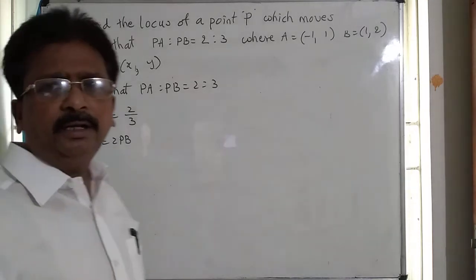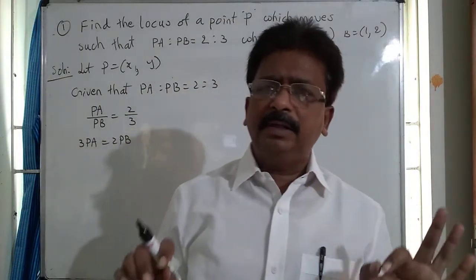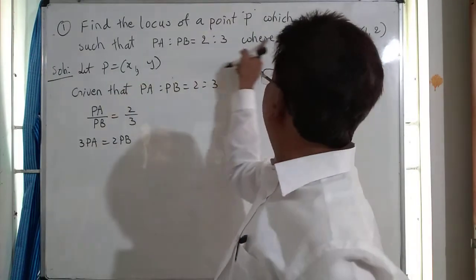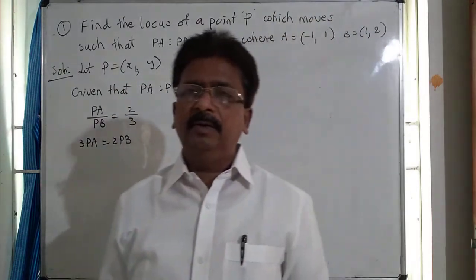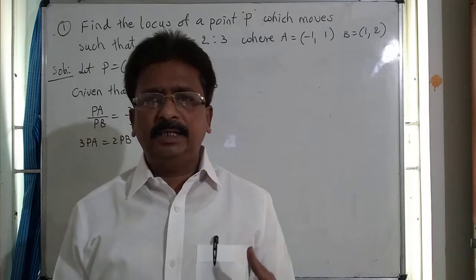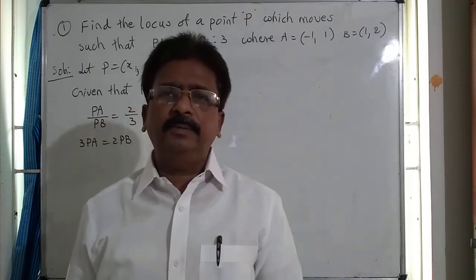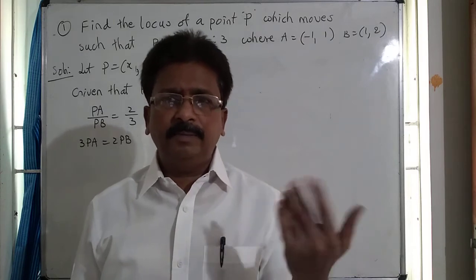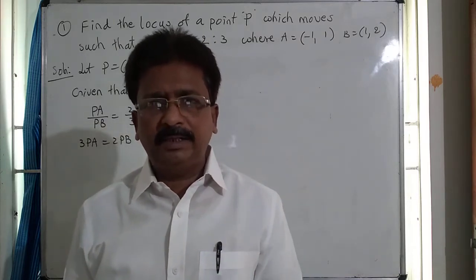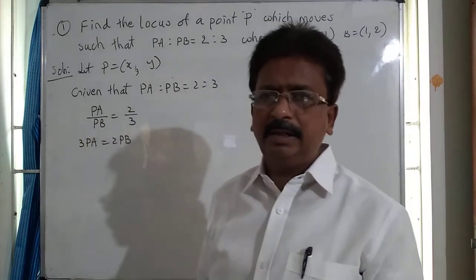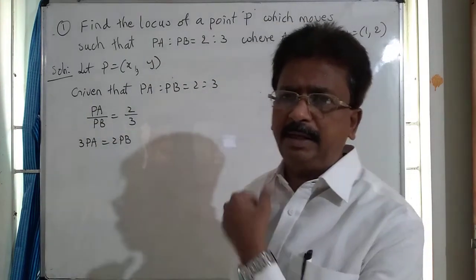Now here the meaning of PA is the distance between the 2 points P and A. P is here (x, y), A is here (-1, 1). One of them let us assume as (x1, y1), the other as (x2, y2). Now (x, y) I will assume as (x1, y1). The formula is the square root of (x1 minus x2) whole square plus (y1 minus y2) whole square. According to that formula I will write PA.